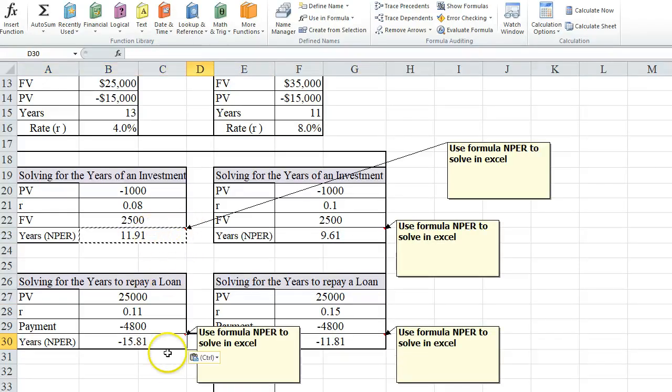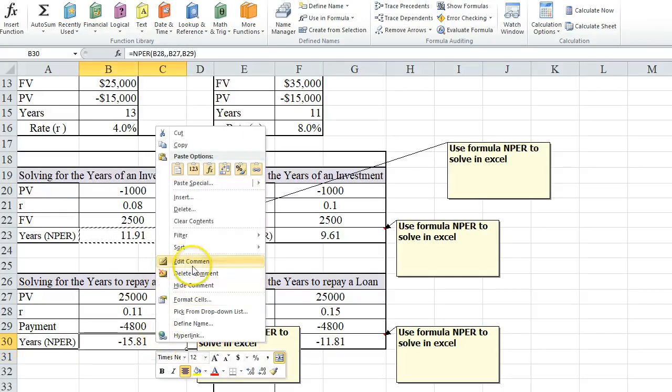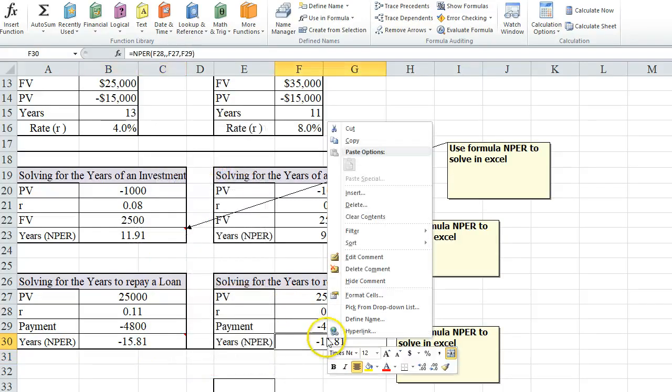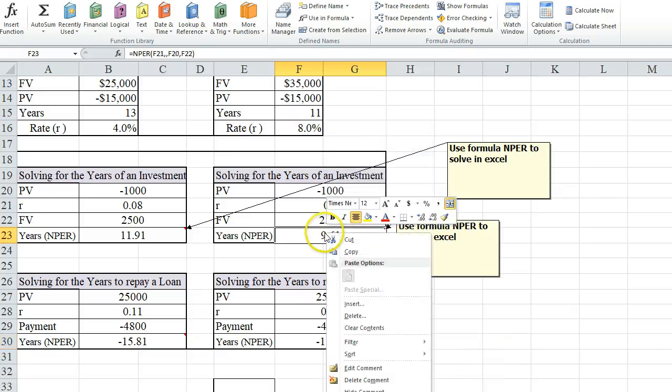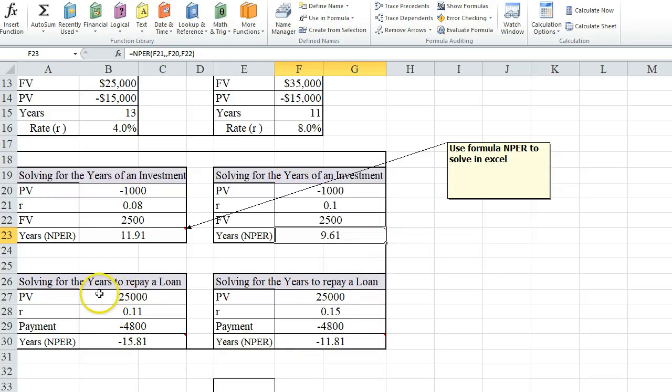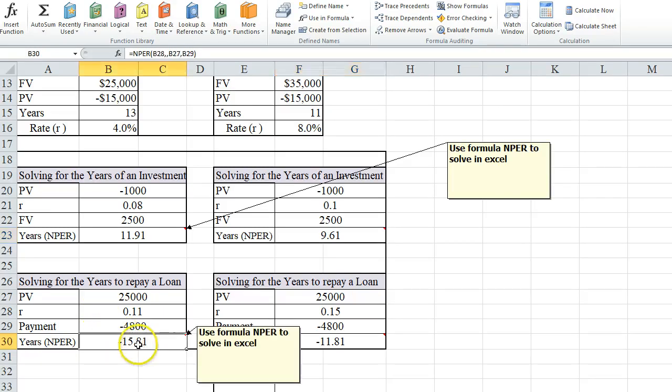We'll see here that if, let me hide the comments. Okay, so we see that if we have a loan, if we're solving for a loan, this is a little bit different.